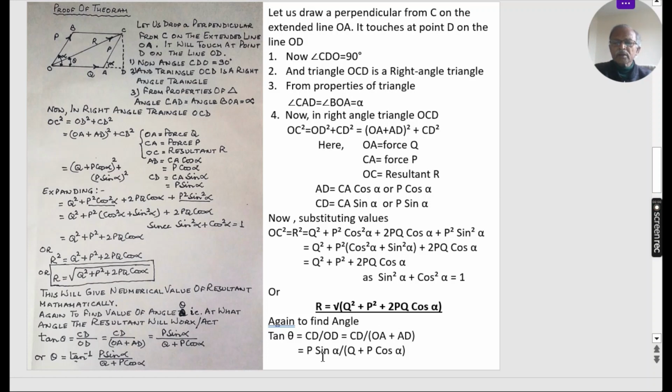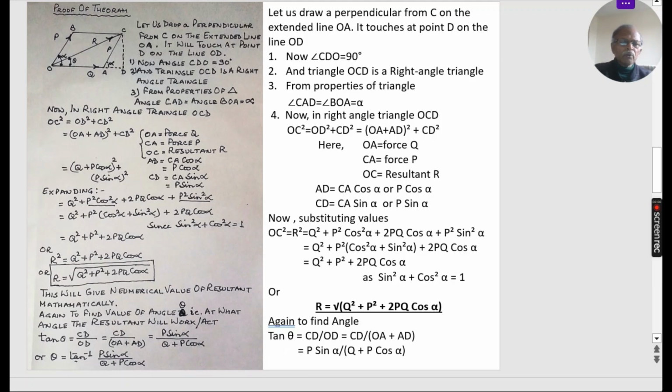So CD is P sin alpha, and upon Q plus P cos alpha, because AD is P cos alpha, as I have said. From these two we can find out the magnitude and the direction of the resultant.